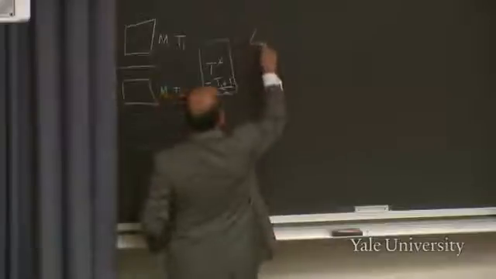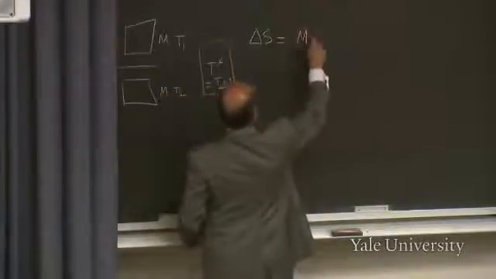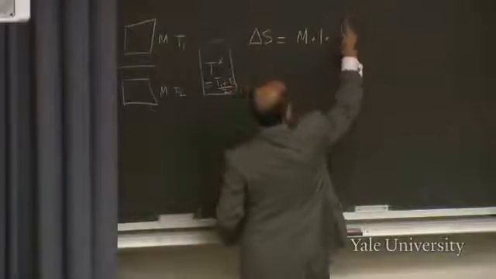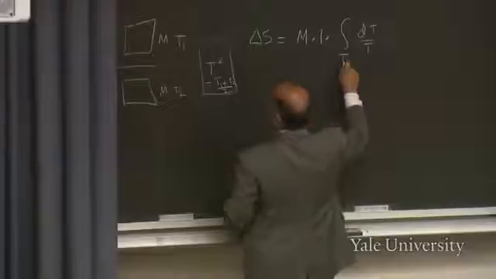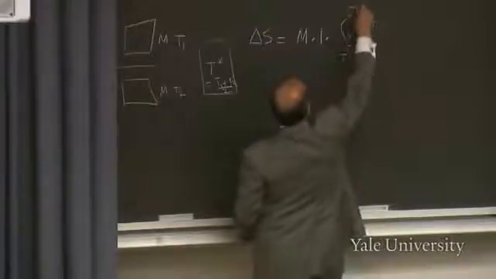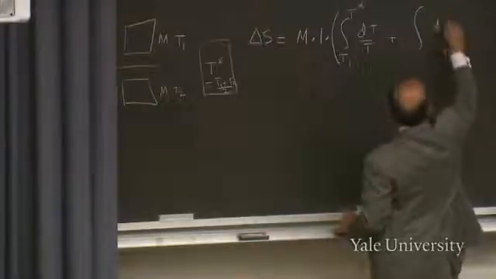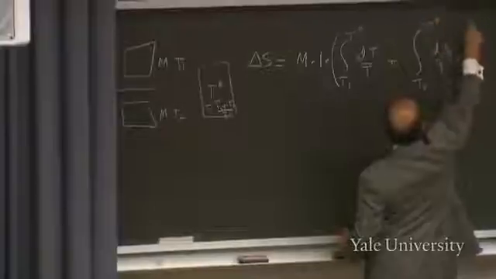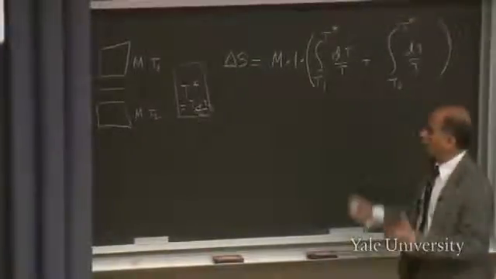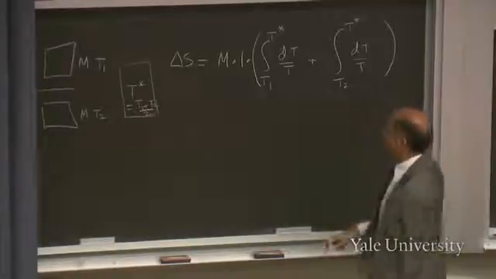Then the delta S total will be m, specific heat is 1, then dT over T, starting from T1 to T star for one thing, and dT over T from T2 to T star for the other one. You understand that? They both meet at T star. Upper limit is T star, lower one is T1 for one and T2 for the other.